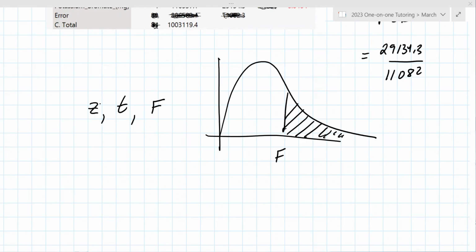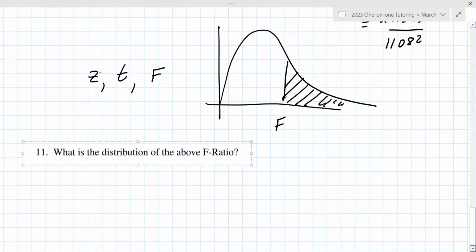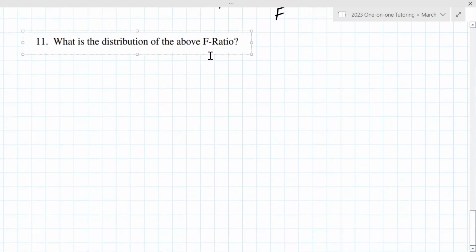Then it says, what is the distribution of the above F ratio? I'm not sure how to answer this because it is the F distribution. With distributions, I think I'll ask in class, because it's specific to him.